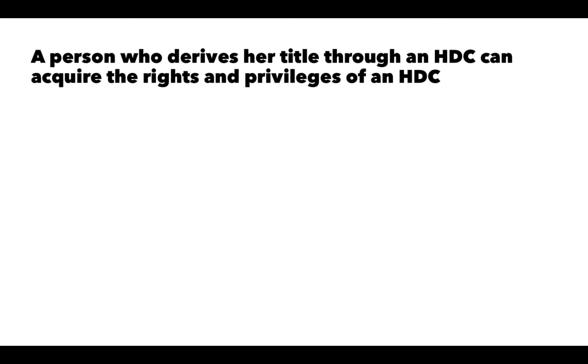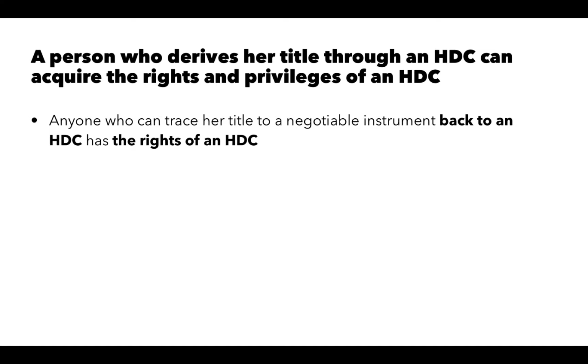If, however, the note was originally obtained from a holder in due course prior to its bequest, then the shelter principle gives to the subsequent transferee the right to assert holder in due course status. Anyone who can trace her title to a negotiable instrument back to an HDC has the rights of an HDC.